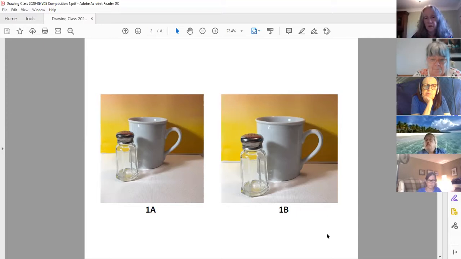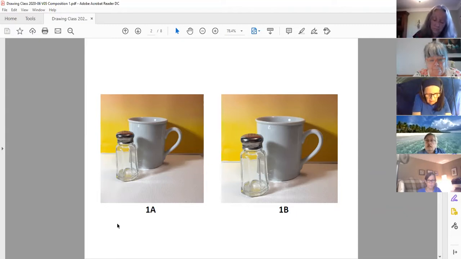I'm not saying it's a great composition, but little things like that are key elements to think of when you're composing your drawing, or even a painting if you're painting. All right. Anyone has any questions or comments on this first pair?